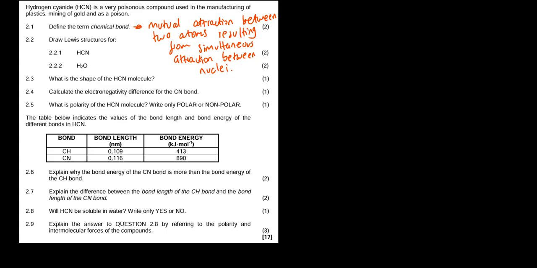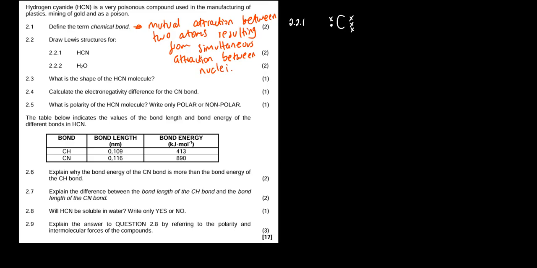Now check 2.2.1. What do they want? Yes, Lewis diagram. The first one is for hydrogen cyanide, isn't it? So now I know that you know that it's going to form a triple bond, this carbon here, and then one bond with the hydrogen.